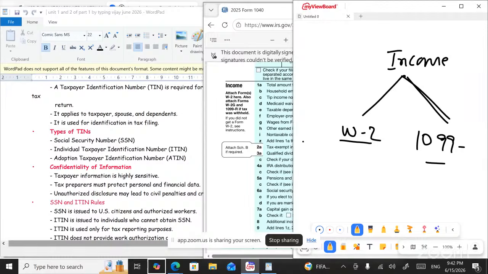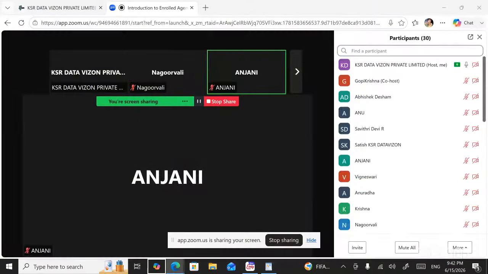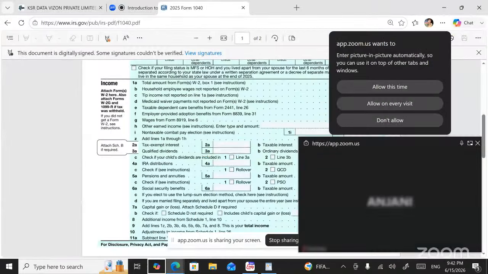Finally, any person generating income gets one of two types of documents. One is W2 for a salaried person. Other than a salaried person, form number 1099 will be received from the person who is getting the service from that professional. So, in our case, form number W2.